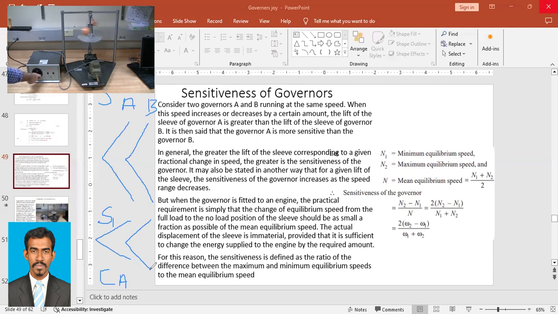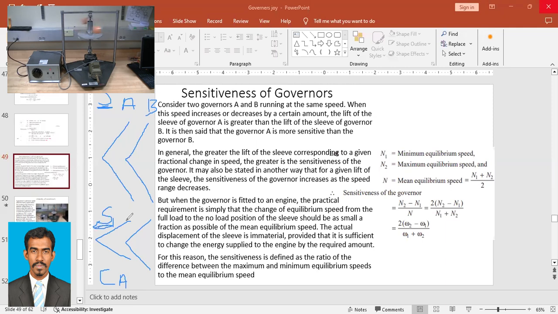Now you can see the change in the sleeve lift compared to A. Initially A was like this, and when the speed increases, it was like this. Initially for governor B the sleeve was like this, and when the speed increases, it was like this. The speed is the same: initial speed S and final speed S1 for both governors A and B.